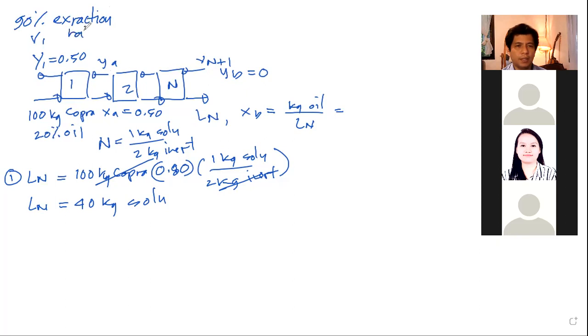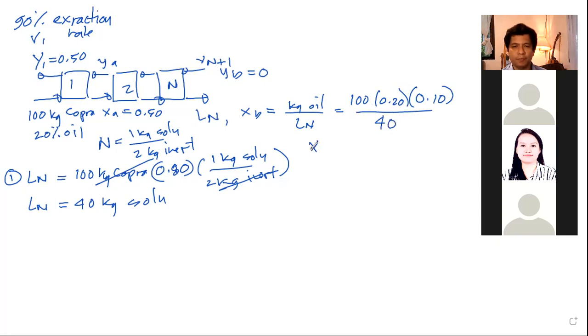Ibig sabihin, 90% ng oil may extract, no? So, after calculating 40 kg, we can now solve XB. Kasi yung kilogram oil na matitira dito, 10% na lang. So, 100 times 0.2, this is the total amount of oil, tapos times 10%, divided by L sub N na 40.